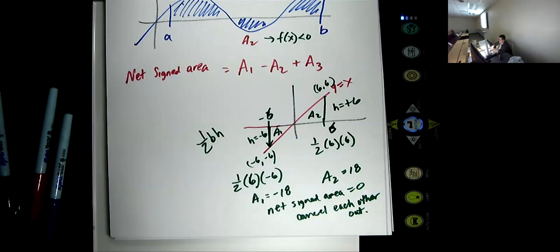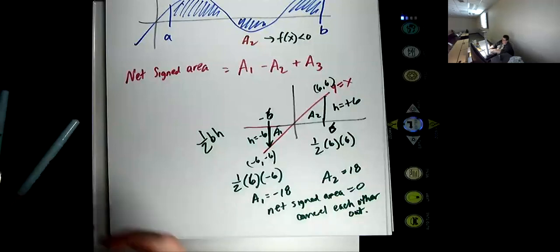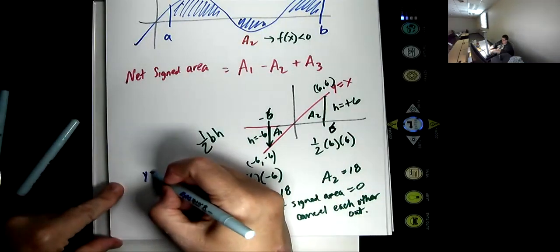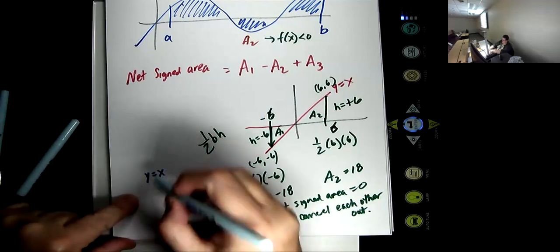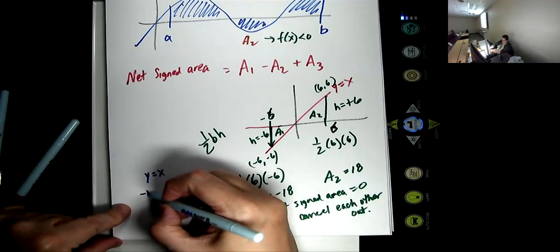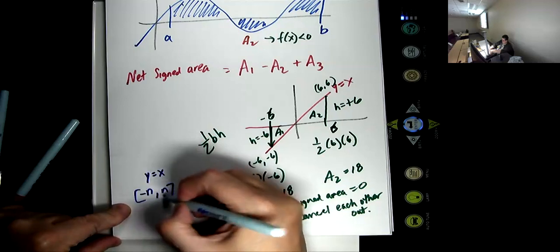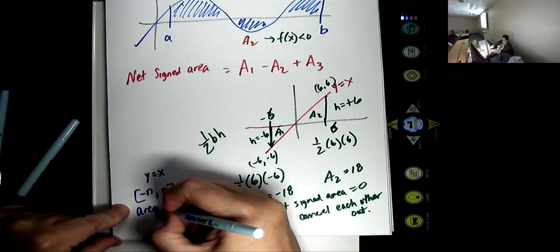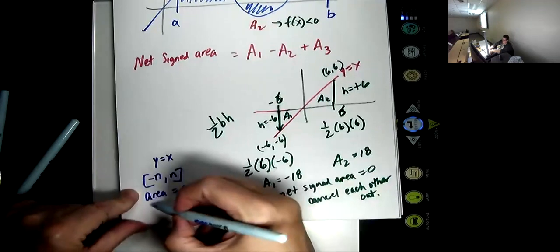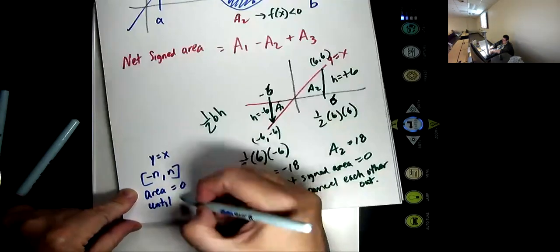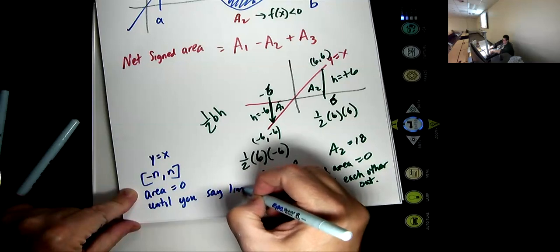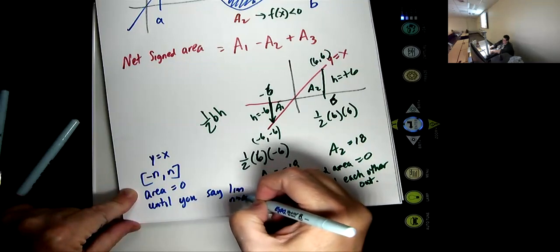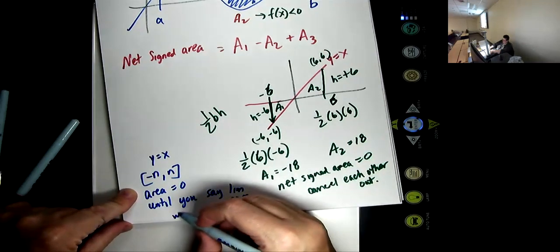This holds true if you do y equals x, or any odd function really, and you go from -n to n. The area is going to be 0, until you say limit as n goes to infinity. Then we can't assume it's 0.